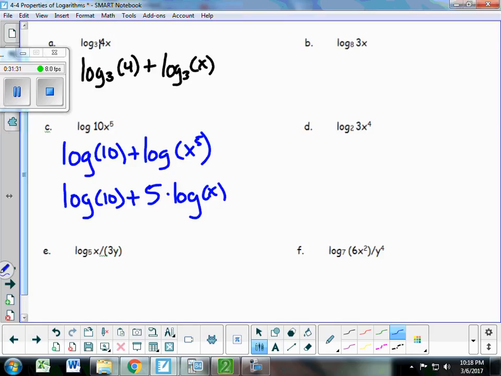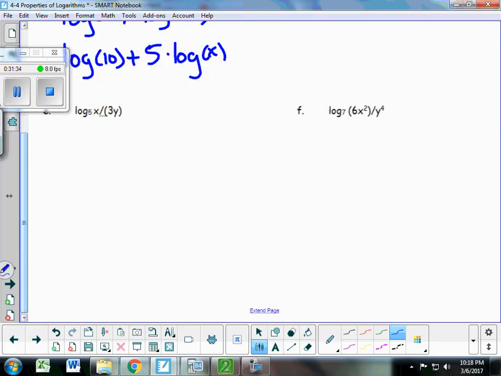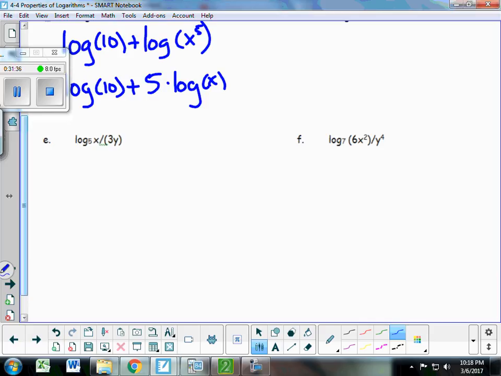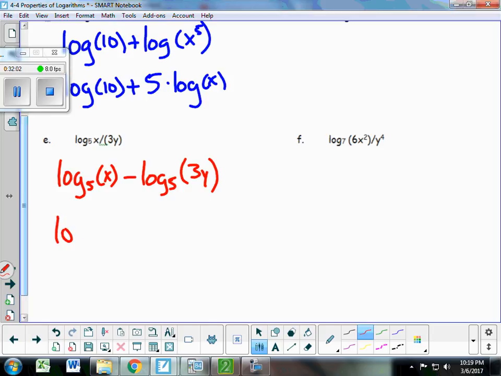All right. Part E. So this one we have a division. So that means subtraction is going to be involved. So part E is going to be a tricky one. So log base 5 of x minus log base 5 of 3y. But look at that second one. It's got a multiplication in it, so that second one can be broken up into an addition. So it's log base 5 of x, and now be careful because you're subtracting this whole thing.